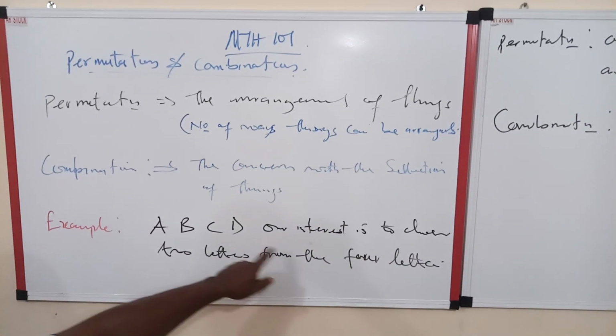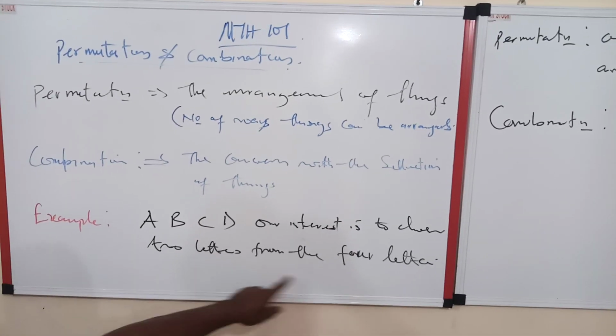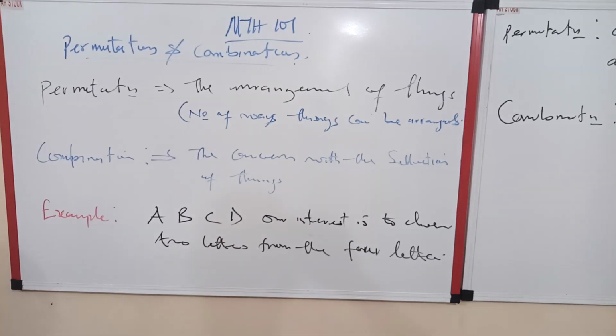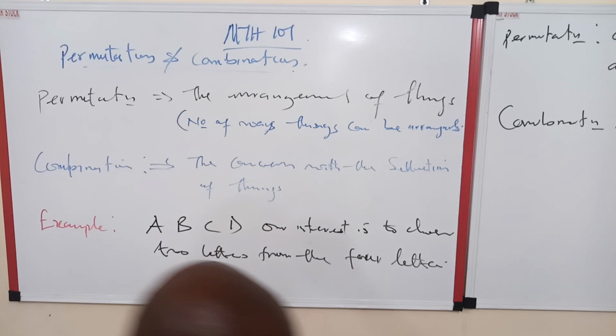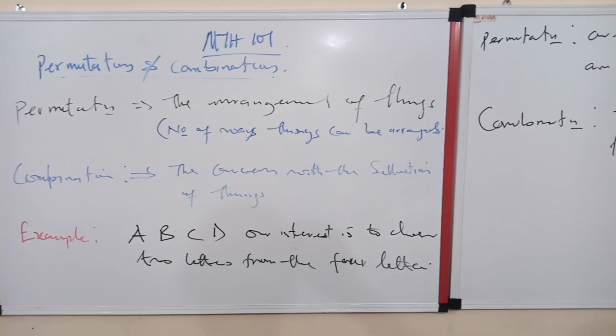If our interest is to choose 2 from the 4, what do we do?